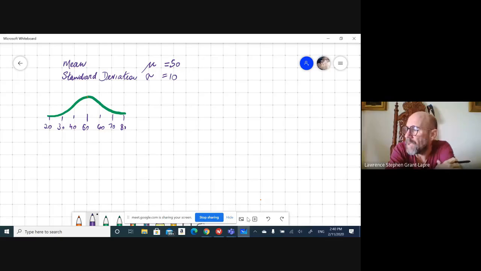Okay, good. Now, if the mean is 50 and the standard deviation is 10, this indicates that about 99.7% of scores are between 20 and 80. Where do I get 20 and 80 from?